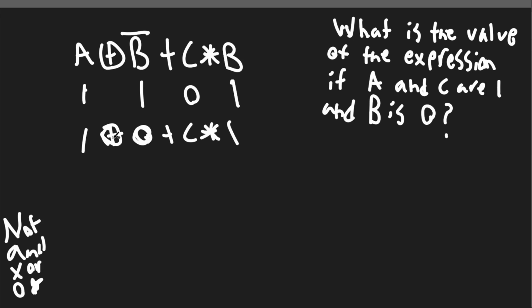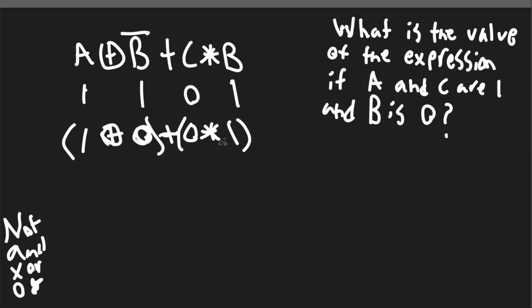So we have a XOR right here, then we have an OR, and then an AND. So what's going to happen here is I'm going to draw these parentheses to show what's going to happen. This was supposed to be a 0, but it turned into a C. So that's what it's going to look like.